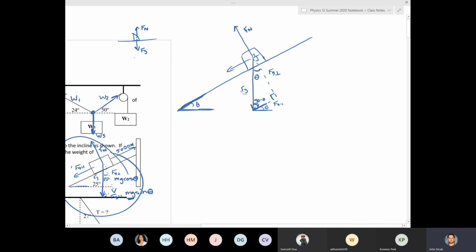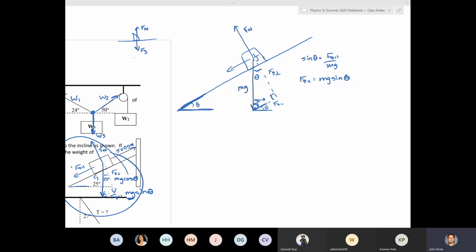And so if FG is mg, then if you solve your sine and your cos, sine theta will be FG parallel, opposite over hypotenuse mg, then FG parallel will equal mg sine theta.